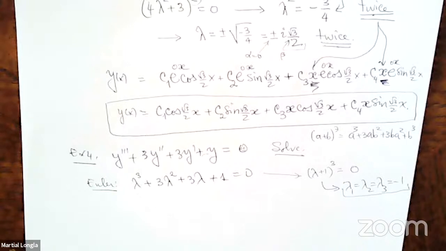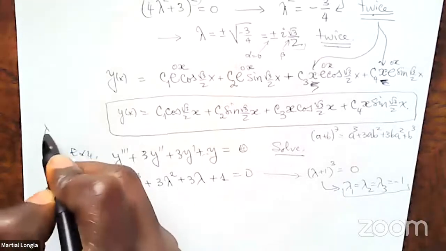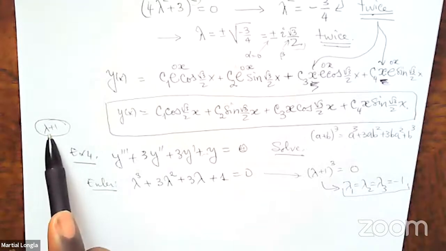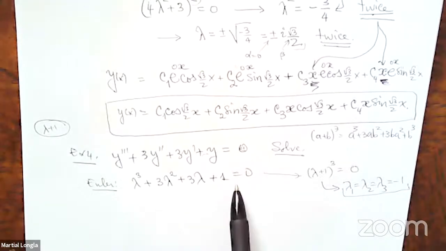And if I see that minus 1 is a root, then I am going to try to factor out the term that gets solved by minus 1. And that term is lambda plus 1. So I'm going to try to factor out lambda plus 1 from this whole thing. How is that done? Please follow me carefully here.